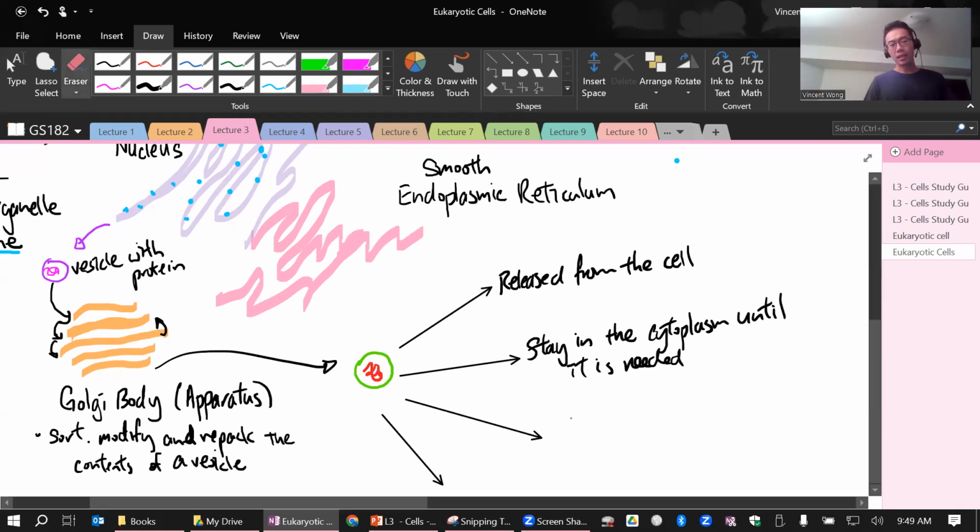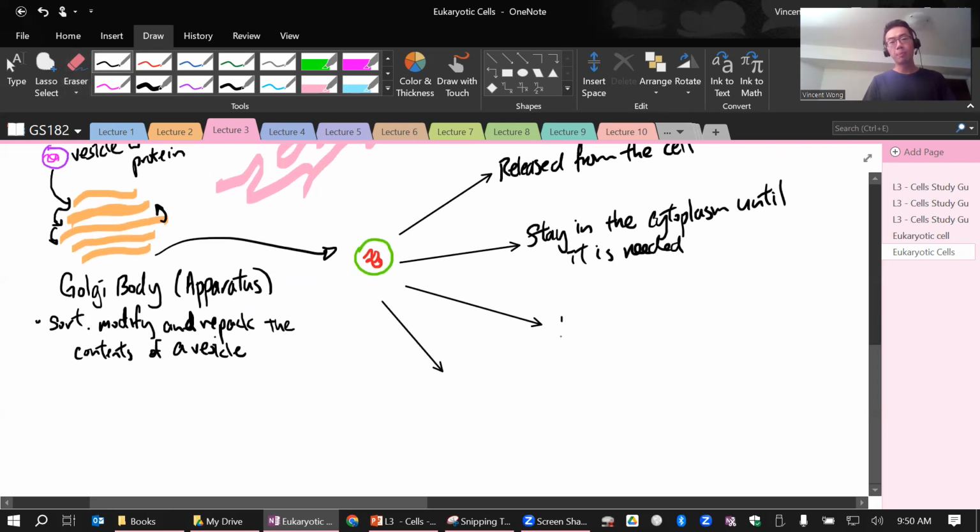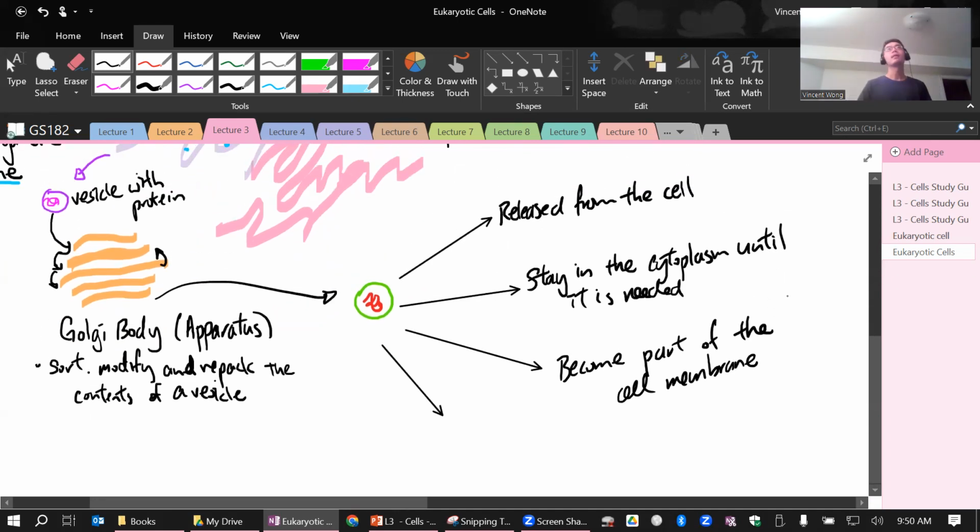Now this next part might not make much sense right now, but it will after lecture 4. Sometimes this will become part of the cell membrane. So we know the membrane is made of phospholipid.